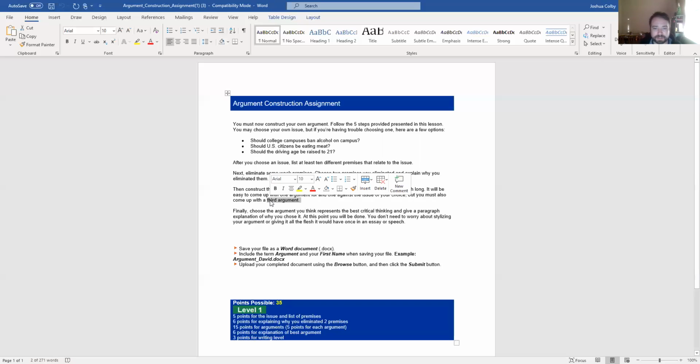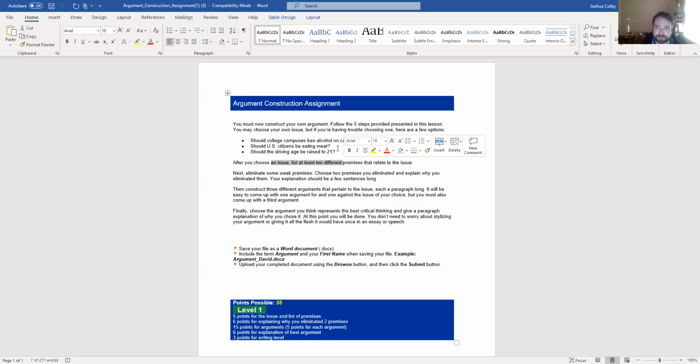That third argument should either be another for or another against, or a sort of alternative viewpoint on it. It's up to you. The idea here, and this is important, is that you're going back to your list of premises and taking the premises from the list and using them to create the complete argumentative paragraph.